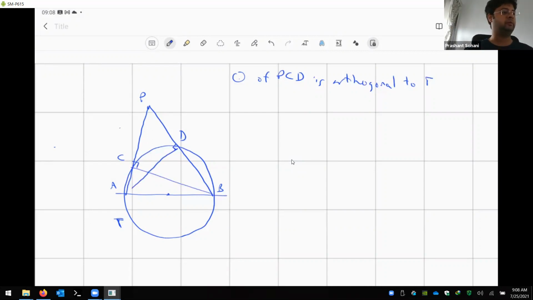Yes, so those are the feet of altitudes. You can relate this diagram to a standard triangle ABC with the orthocenter configuration.